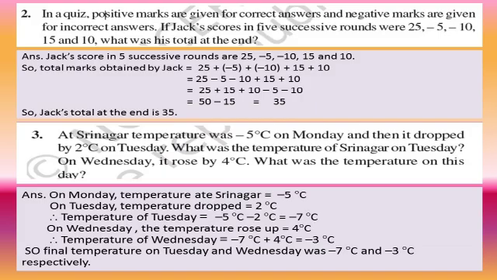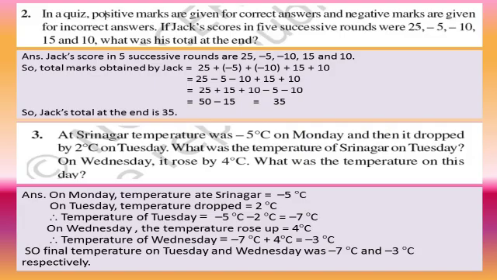So in this first line I have written 25 plus, in brackets, -5 plus -10 plus 15 plus 10. From the rules of the integers, whenever we are adding integers, there is no change in the sign of the integers. So let me remove the brackets and write the same statement as 25 -5 -10 plus 15 plus 10.